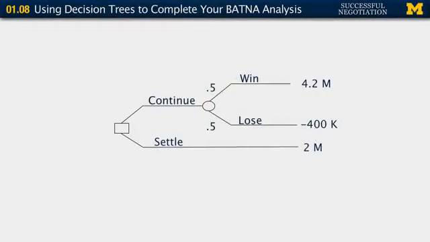We're going to step two, which is to add the numbers. So here are the numbers. There's a 50-50 chance of winning. So you plug in the probabilities. If you win, you will net $4.2 million after deducting attorney's fees. If you lose, $400,000, whereas the settlement offer is $2 million.